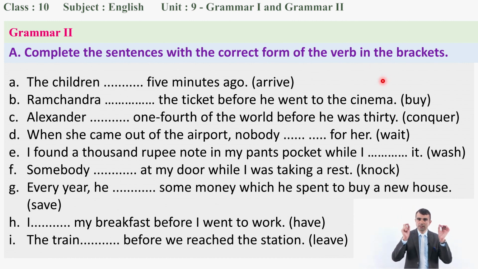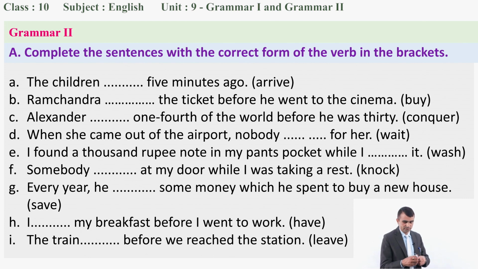Now, you have learned till now that event is written with simple past, circumstances are written with past continuous, and if there is a past time adverbial like 2 days ago, yesterday, last year, or any past time, we write simple past. But one more thing you will learn here, that is, well, before structure. Okay, you can see here.